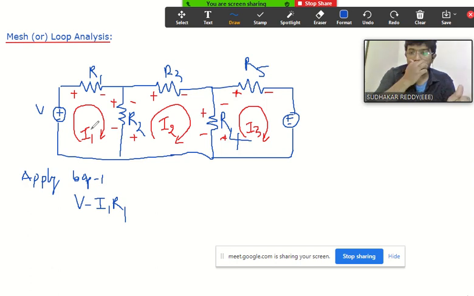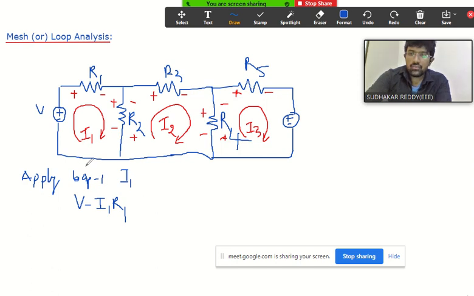So once again, if you are writing KVL for the first loop, we need to consider that your first loop current is always more than the remaining loop currents. Here the first loop current is I1, right? So this I1 current, and again we are writing KVL for the first loop or second loop?